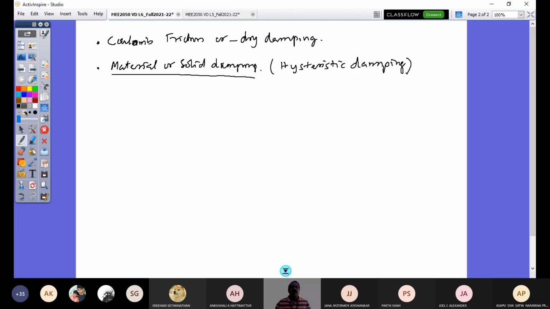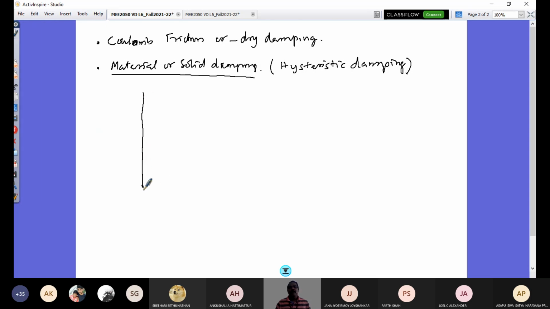So the dissipation is what is the work of any damping nature of the material. So how that stress strain diagram would be appearing for material damping. If the material undergoes deformation, that absorbs energy and dissipates it. So you see that I have stress on y-axis and strain on x-axis. I can also have, instead of stress, force here and deflection or deformation here.